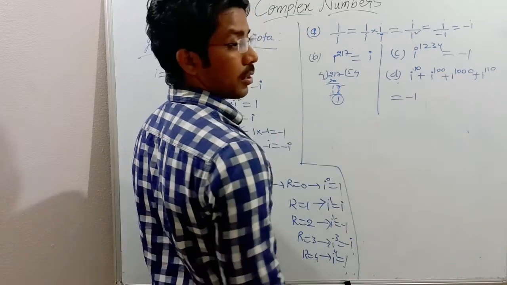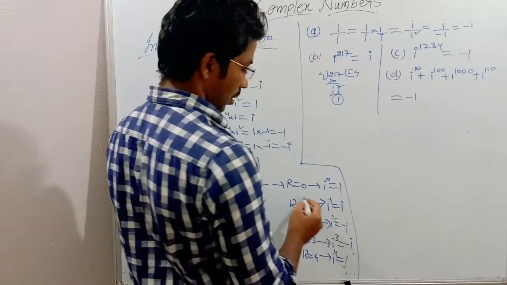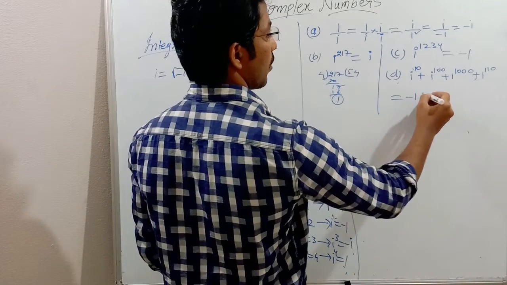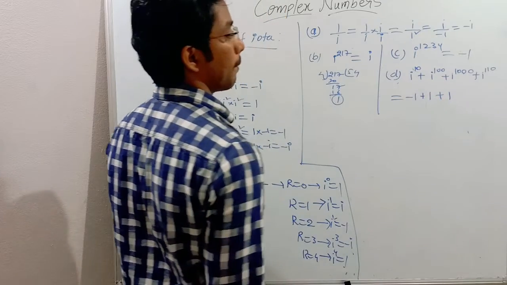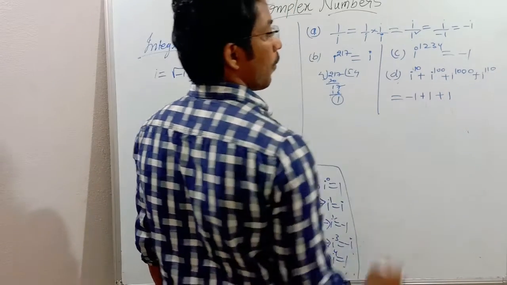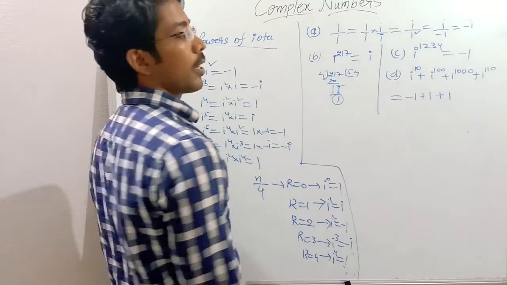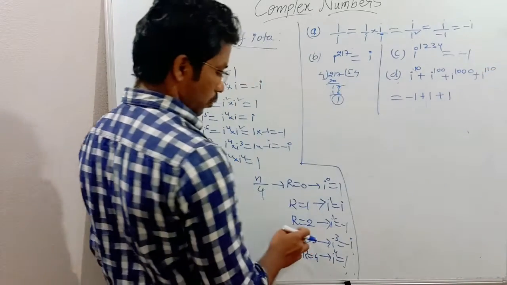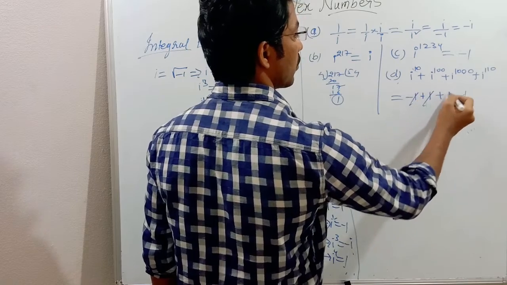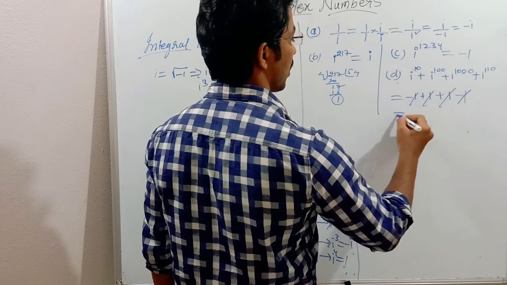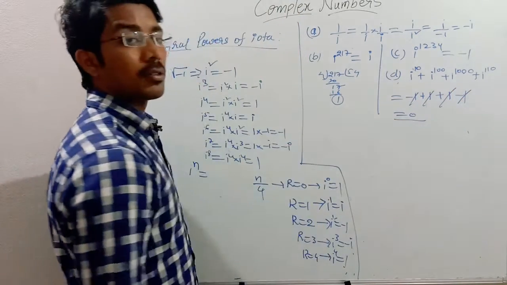For the next, the last 2 digits are 0, so the remainder is 0, so it will be 1. Here the last 2 digits are 10, divided by 4 we get the remainder as 2. When the remainder is 2, we get minus 1. So plus 1 and minus 1 get cancelled, and we get the final value as 0.